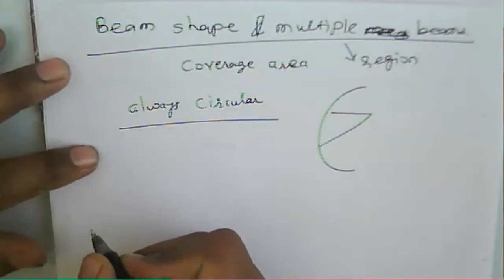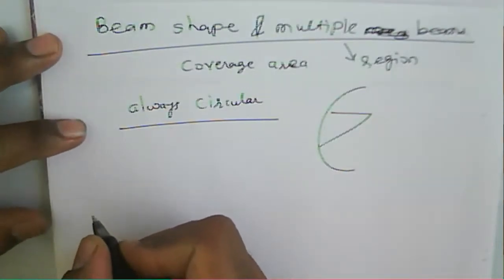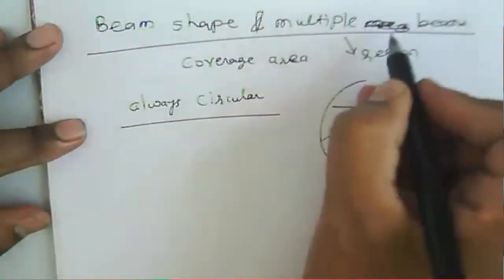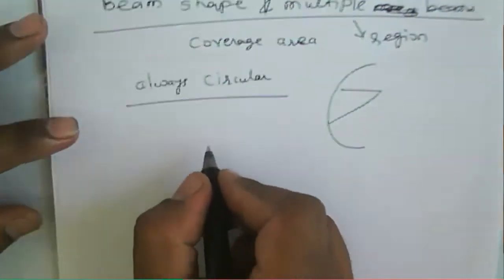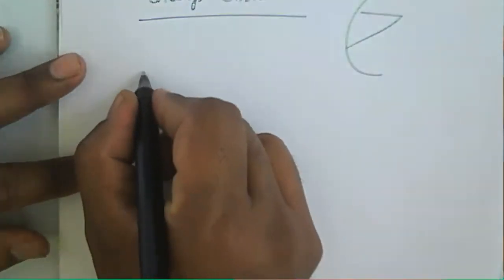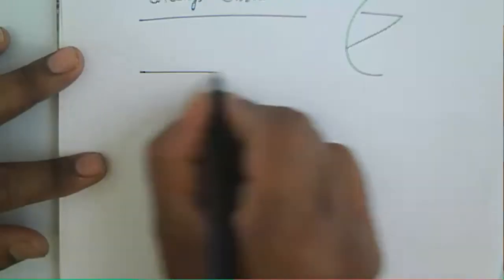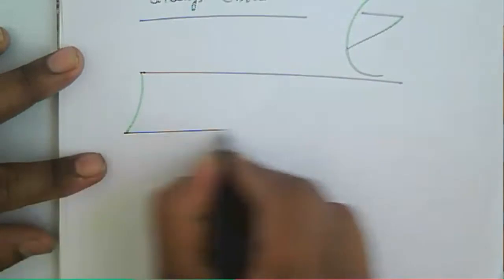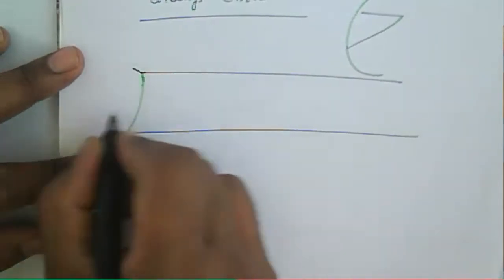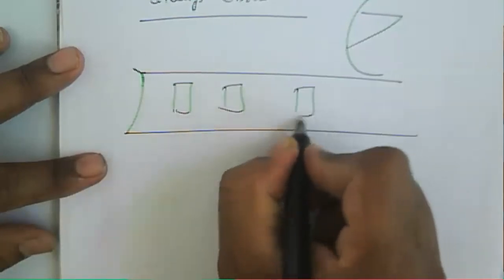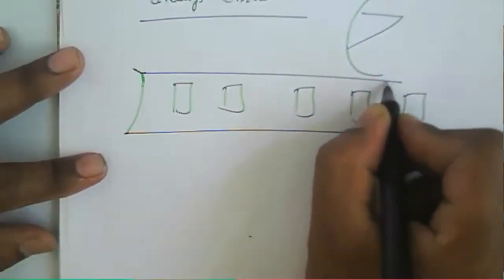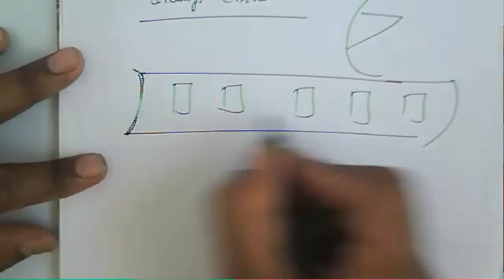Then we say that there are multiple beams, or a number of beams. If we are using a reflector antenna, here multiple dipoles are used in the given reflector.